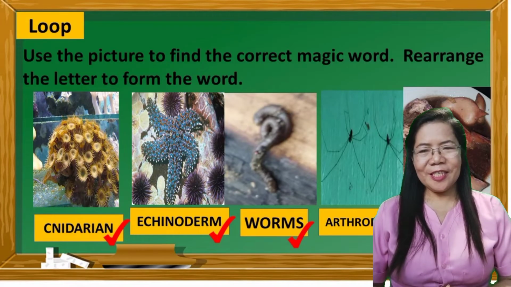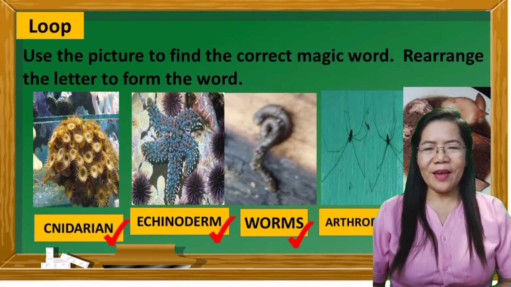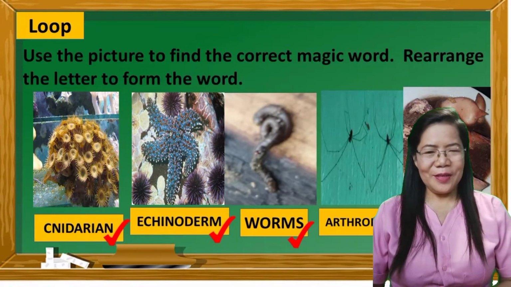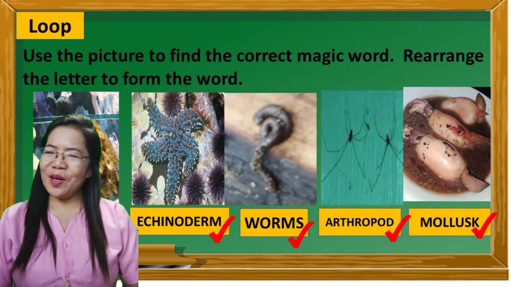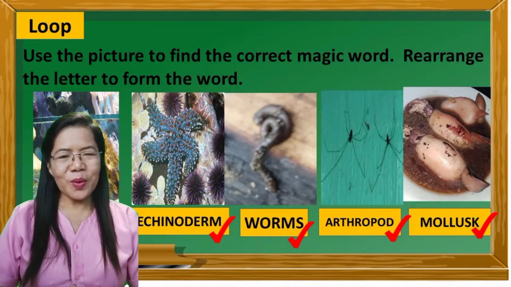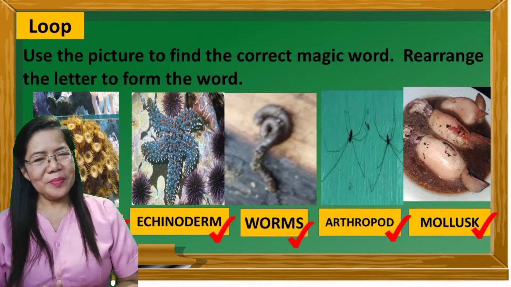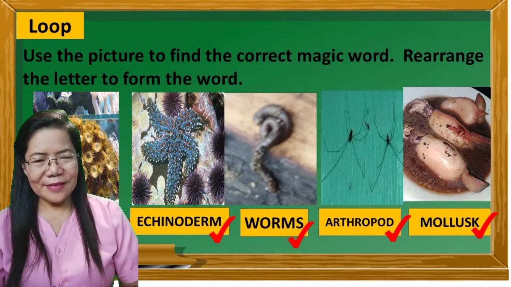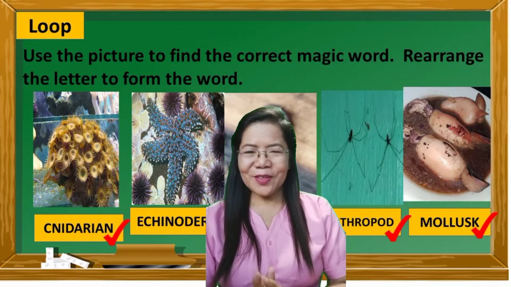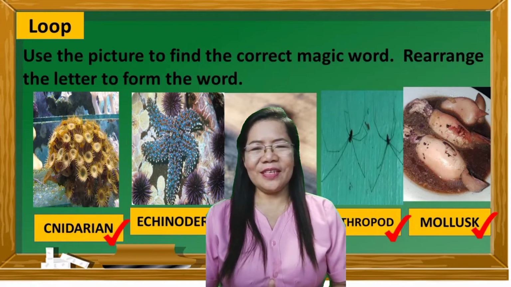The magic word in picture number 3, worms. The magic word in picture number 4, arthropod. The magic word in picture number 5, mollusk. Congratulations! Very good, children.